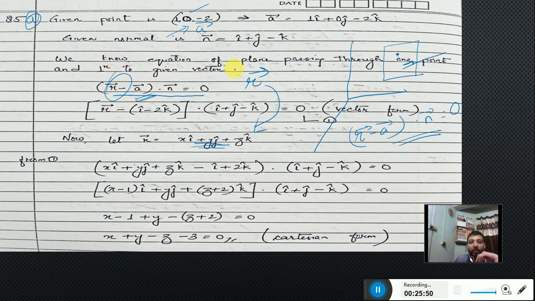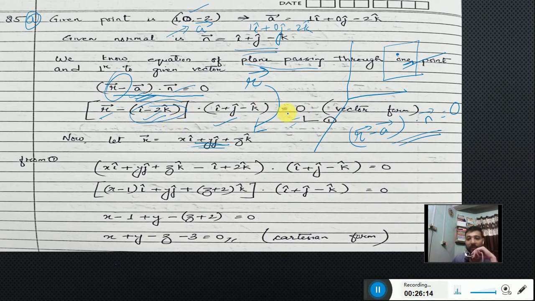We know the equation of a plane passing through one point and perpendicular to a given vector is written like this: r minus a. How do we write vector a? It is 1 i cap plus 0 j cap minus 2 k cap, right? So j is not required, so I have written it like this. Dot n vector, which is given to us, equals 0.